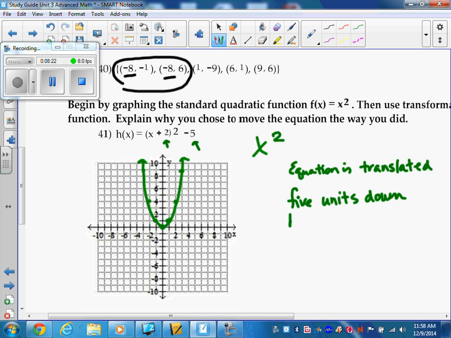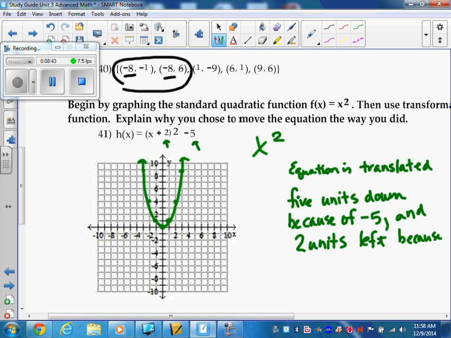Because of the negative, because of the -5. And 2 units left, because in the parentheses it moves opposite.